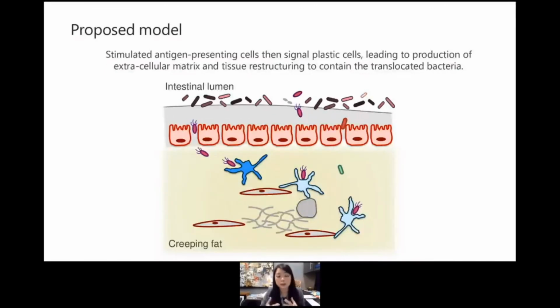And so we think that with this M2 macrophage response, it actually leads to signaling to the progenitor cell types, and that leads to extracellular matrix deposition as well as tissue remodeling. And this is essentially what the creeping fat phenotype is. There's a lot of fat expansion, and there's a lot of fibrosis that occurs.